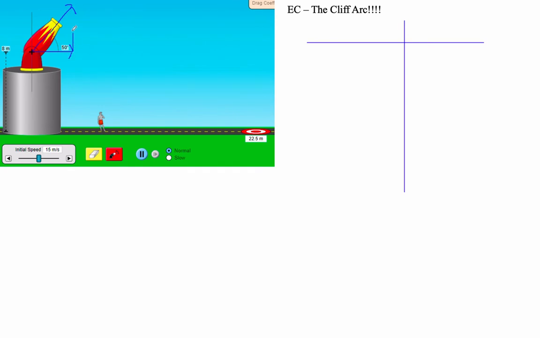There's going to be a horizontal, a vertical component there. And so this component here, if this hypotenuse is 15, and that's 50 degrees, then this side here is 15 sine 50 degrees. And then this side here is going to be 15 cos 50 degrees. And that's where we're going to start. So horizontal and vertical.